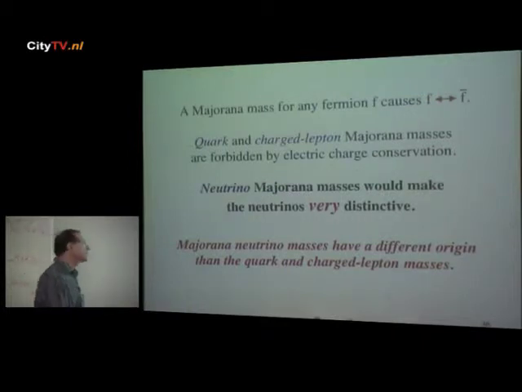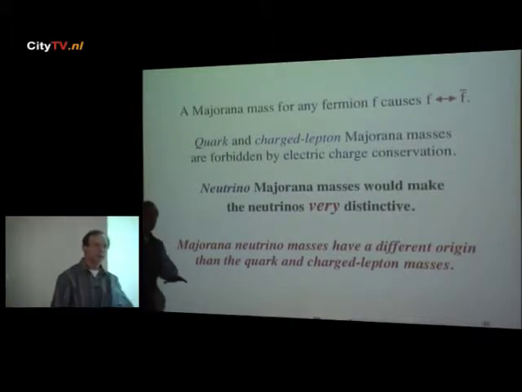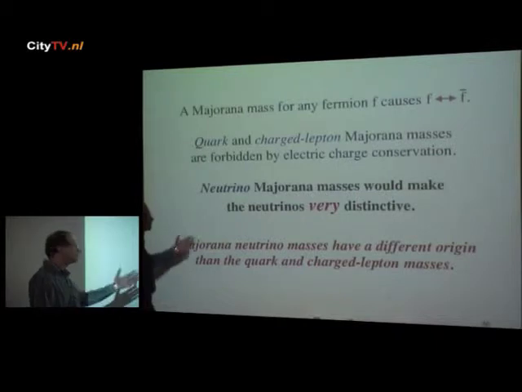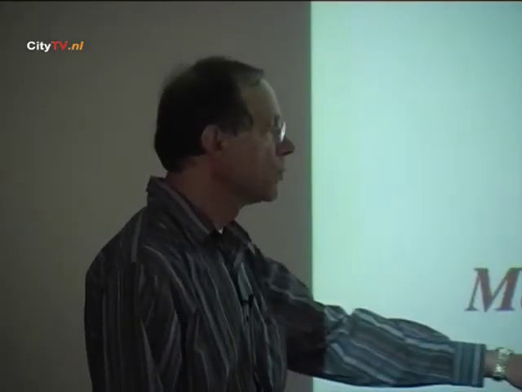And if they do, that's going to make them very different from the quarks and the charged leptons, because a Majorana neutrino mass necessarily has a different origin than the quark and the charged lepton masses. In the standard model, the quark and the charged lepton masses come from a Yukawa coupling of the quarks or of the charged leptons to the Higgs field. A Yukawa coupling of a neutrino to the Higgs field would generate what is called a Dirac neutrino mass term.